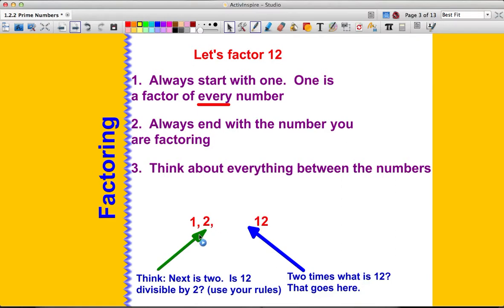So then I think, okay, 2 times what gives me 12? Whatever I multiply 2 by to get 12 would be my next factor over here. So I go smallest, biggest: my smallest one and what I multiply to get 12. In this case, I would multiply by 6.